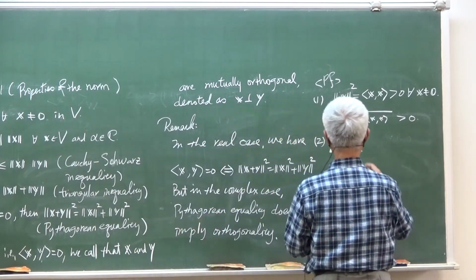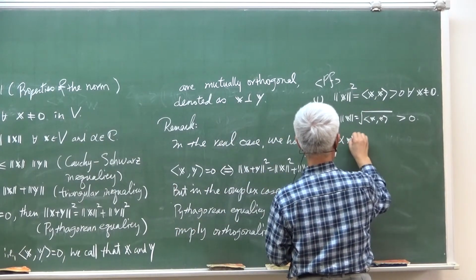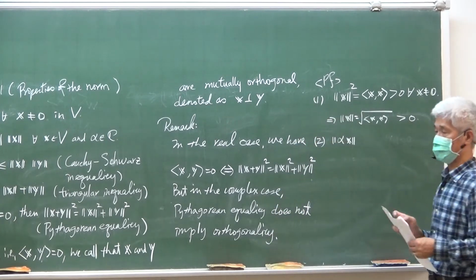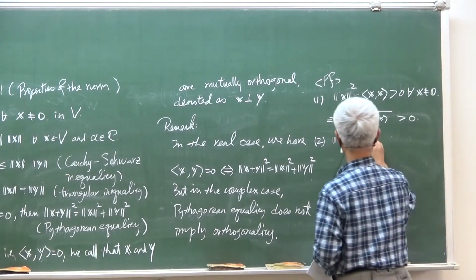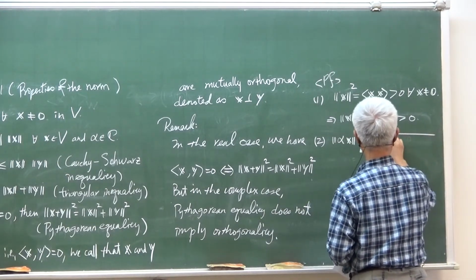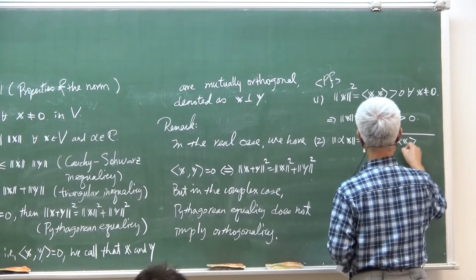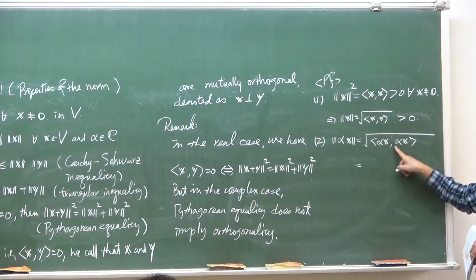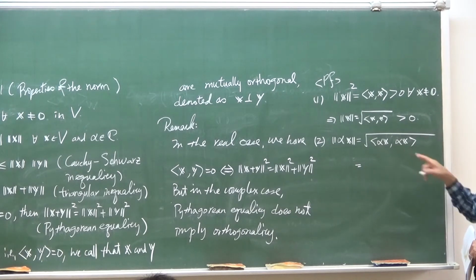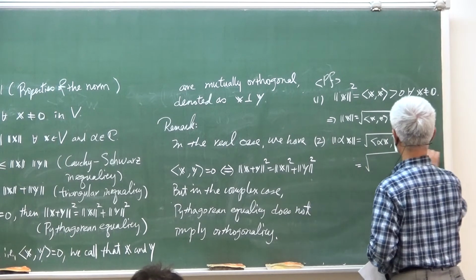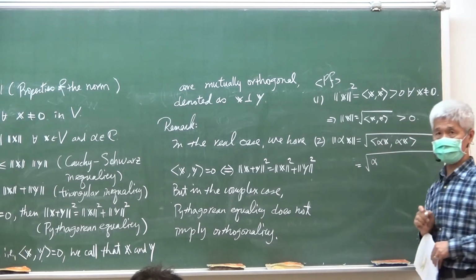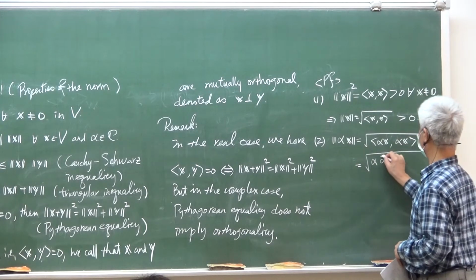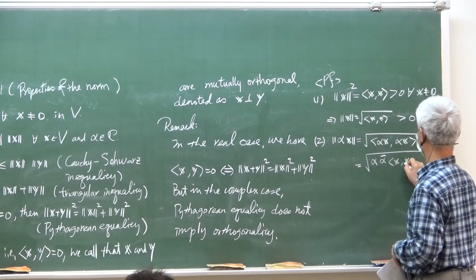The second property. The square of the norm of alpha x, by definition, is the inner product of alpha x with itself, and by the linearity for the first argument and the conjugate linearity for the second argument, we have that.